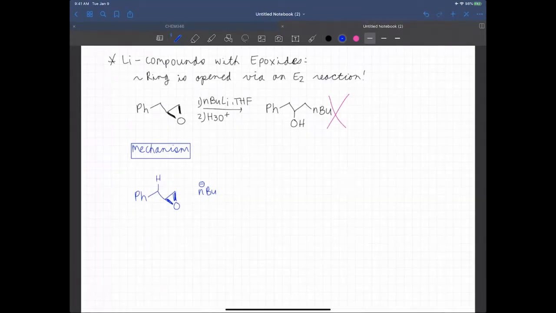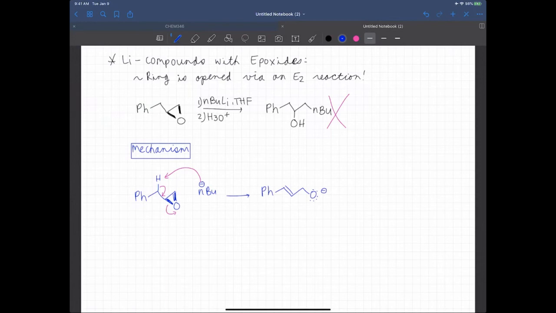This is where your most acidic proton is. And bases, remember, I talked about nucleophiles finding electrophiles. What happens is bases find the most acidic proton. So when you eliminate this hydrogen here, you get a double bond that's formed, and then this in turn opens up the epoxide ring, leaving you with this. Okay, and then you have a double bond here. This is just specific for n-butyllithium.